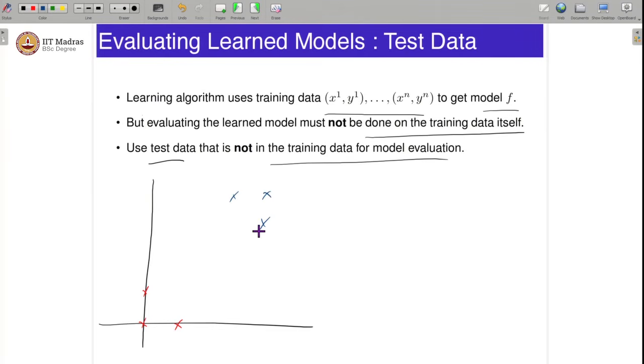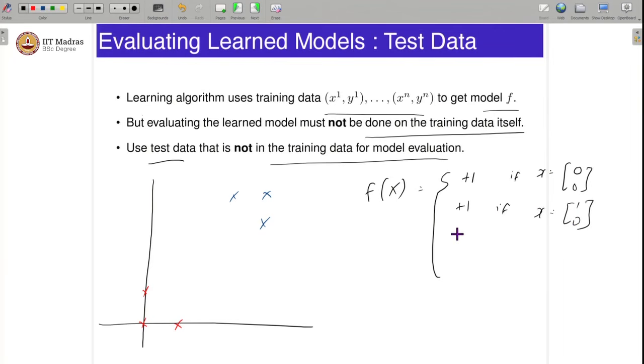Now, consider this new model I am going to give you, which is, let us say f of x is equal to plus 1 if x is equal to 0 0, plus 1 if x is equal to 1 0, plus 1 if x is equal to 0 1 and minus 1 otherwise.